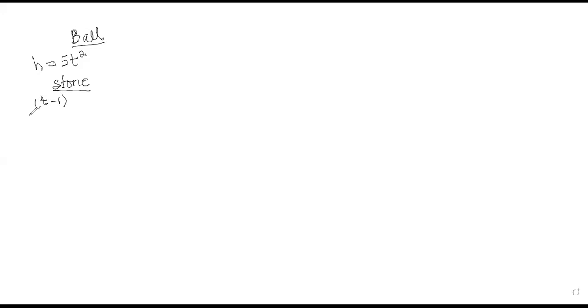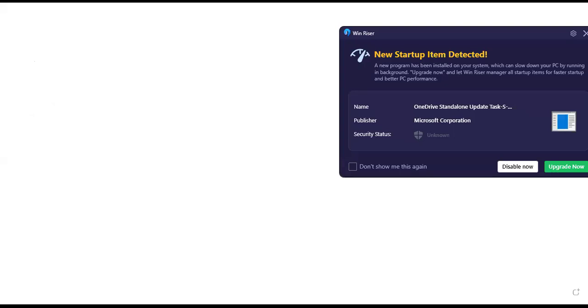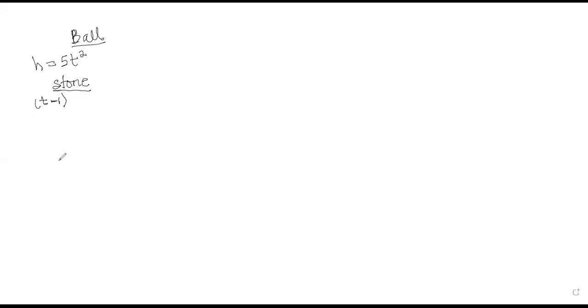And so therefore, h, which is equal to ut plus half gt squared.